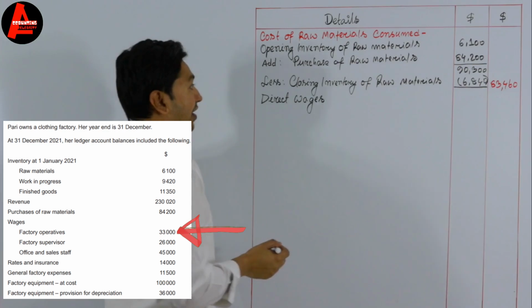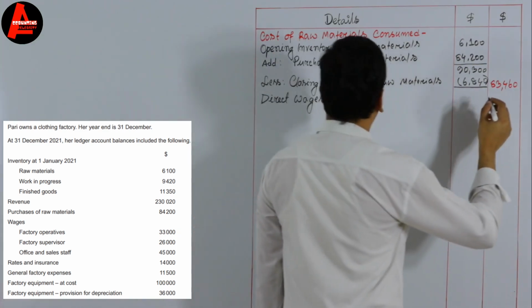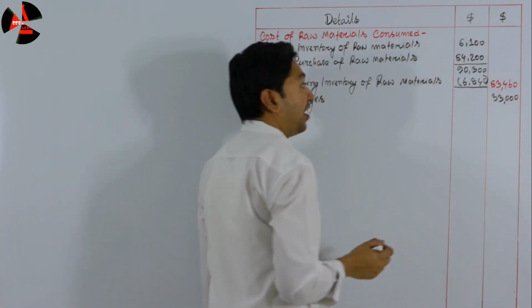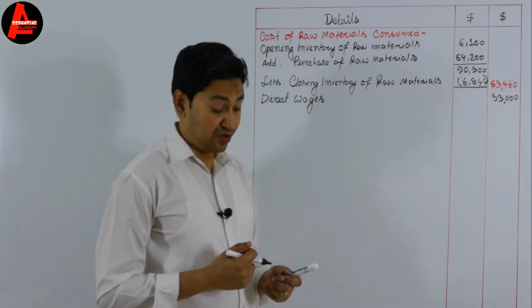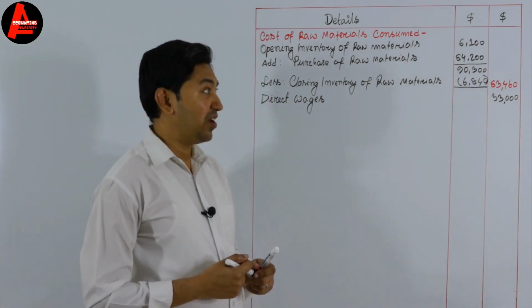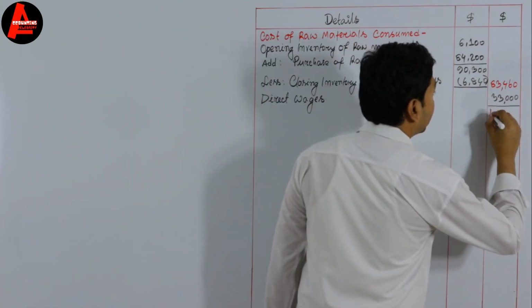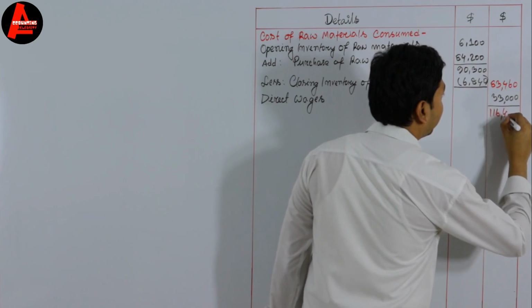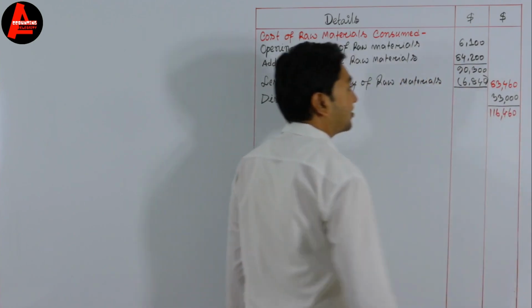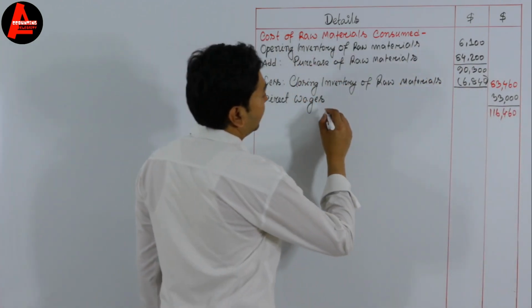It is 33,000. Now if we add these two amounts, we will get prime cost, right? What is the addition here? $116,460. So let us write here prime cost.